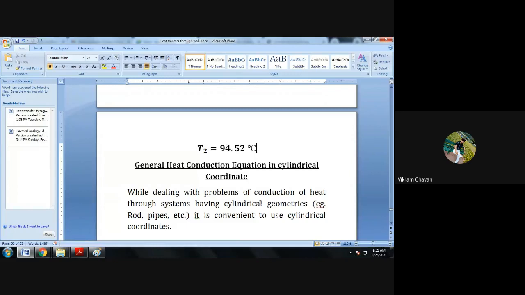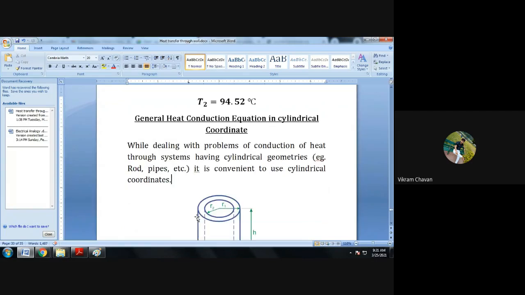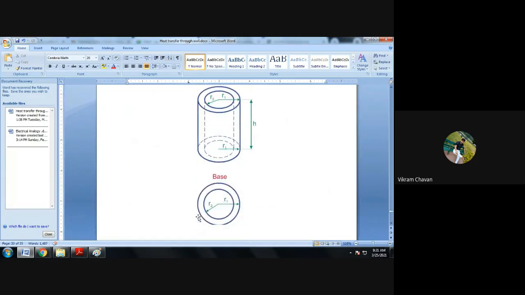While dealing with problems of conduction of heat through systems having cylindrical geometries, such as rods and pipes, it is convenient to use cylindrical coordinates. Now, let us understand what is meant by cylindrical coordinate system.